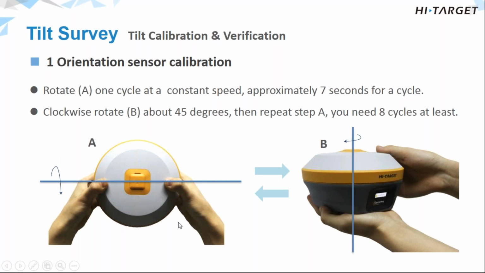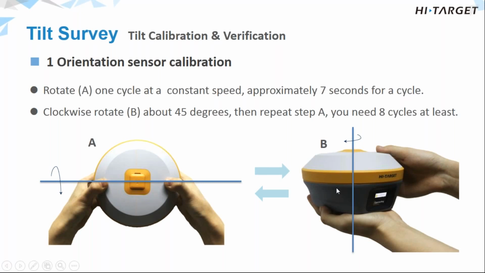Then you move to picture B: please rotate clockwise about 45 degrees. Then you can repeat step A. You need at least about 8 circles. So the procedure is you do the action as in picture A and B, and then back to picture A and B again. Repeat this procedure about 8 circles.